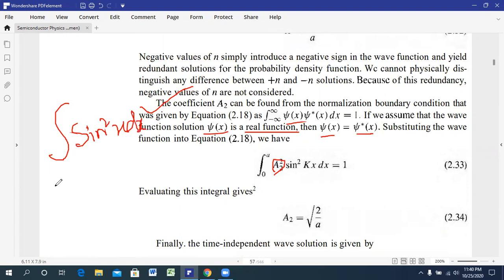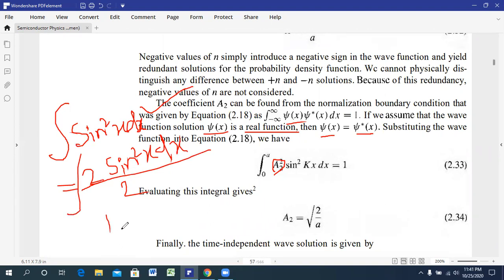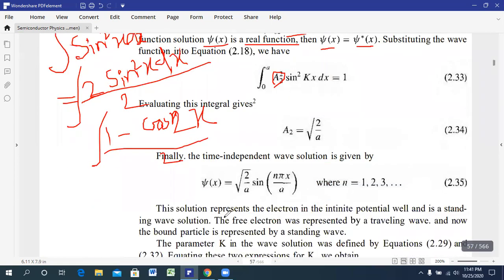How to integrate 2 sine square x dx divided by 2? What is the formula? 2 sine square x is 1 minus cos 2x, integrated, and that should be divided by 2. From that integration you can easily find the value of a2.